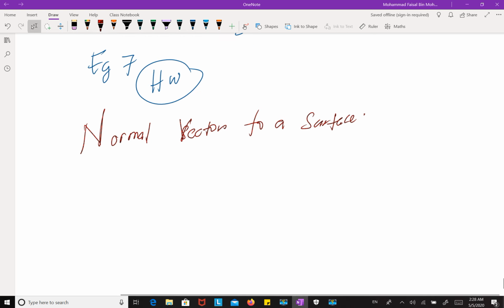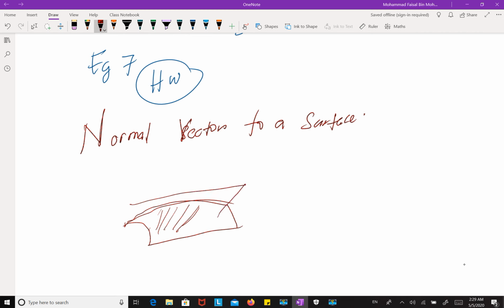So let's say I have this is non-flat, then another one is flat surface. So say point n, normal vector.